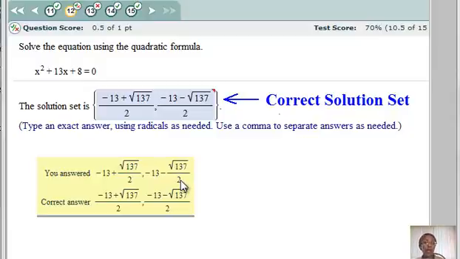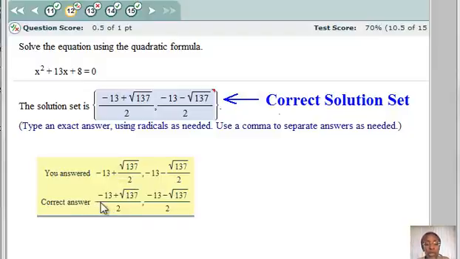So in other words, you're off by a value of negative 6.5 when you write it in this format, because you're not dividing, you're adding negative 13 to this irrational quantity as opposed to adding negative 6.5 to these irrational quantities. So for this type of answer, obviously the answer is incorrect. So you want to be careful about this type of formatting.